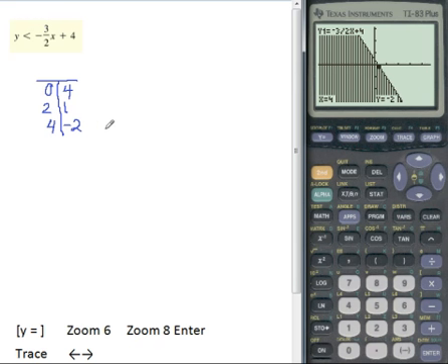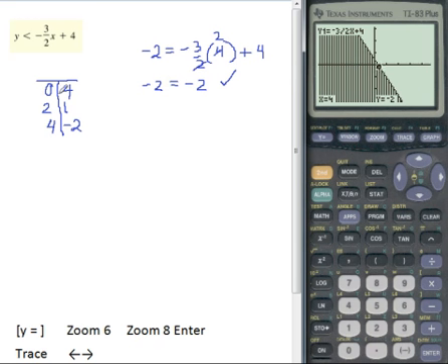Let's take the point 4, -2, and we'll put in -2 for y, and we want it to see that it equals -3/2 times x, which is 4, plus 4. And this is easy enough to do just by hand, is -6 plus 4, which is -2. -2 equals -2. So we have got points on the correct line.